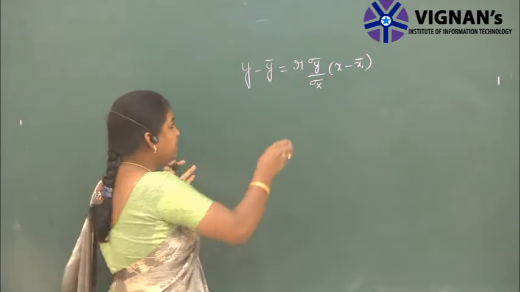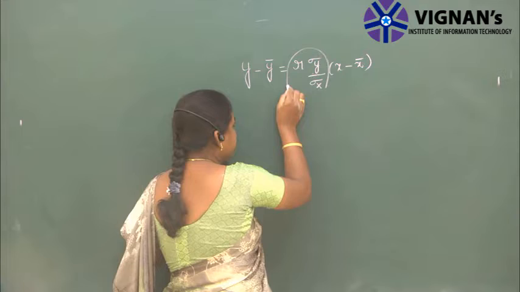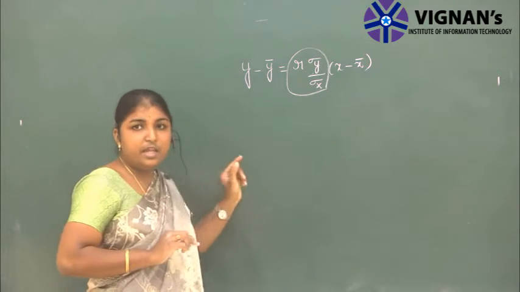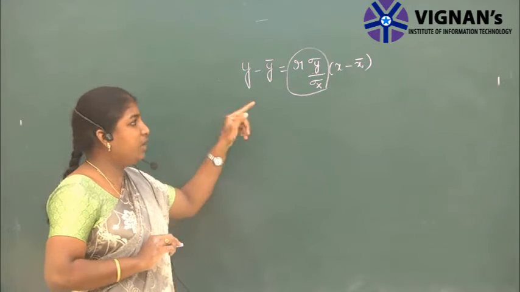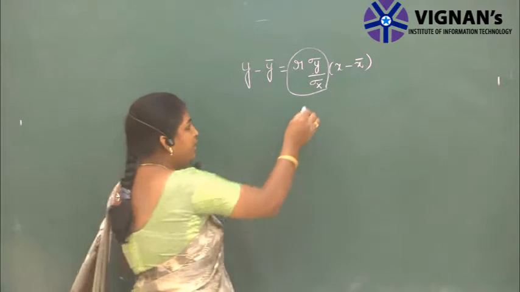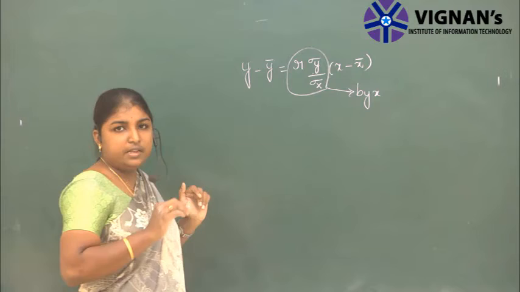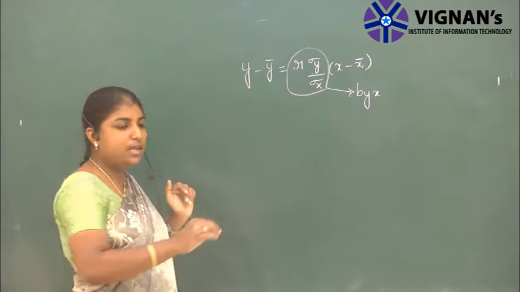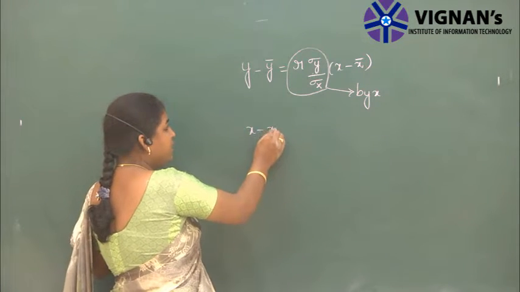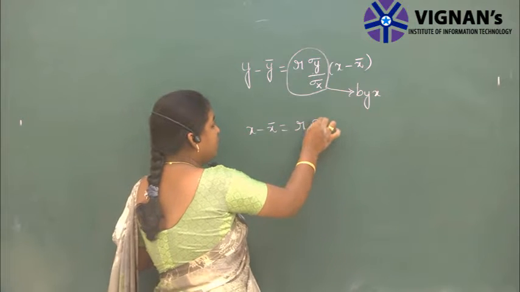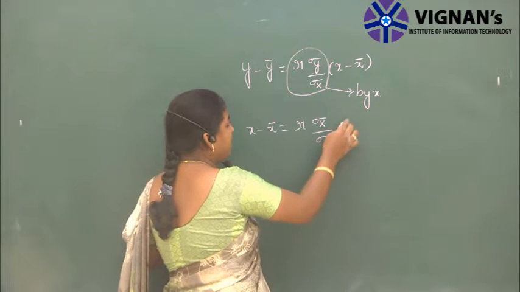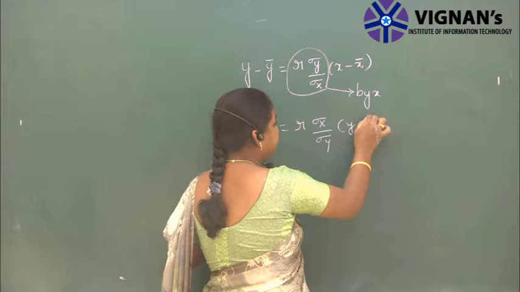See here, the coefficient of x we are taking as the regression coefficient of y on x line, and this is denoted by byx. Next, the regression line x on y can be written as x minus x bar equal to r into sigma x by sigma y into y minus y bar.